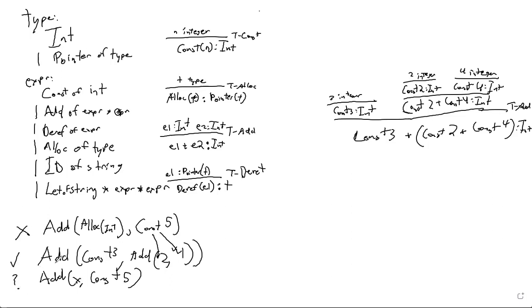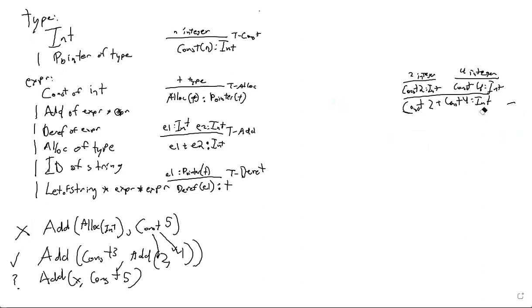If we said let x equals const 5 in add x const 5, then that should be well typed, and add of x const 5 should be of type int. But if we said let y equals const 5 and add x const 5, then that shouldn't be well typed because x hasn't been defined yet. It has no type. So this is where we introduce an environment. The environment that we use is normally gamma, I think.